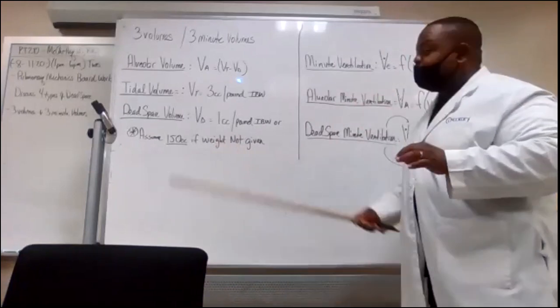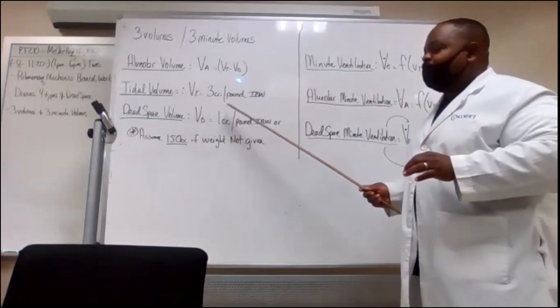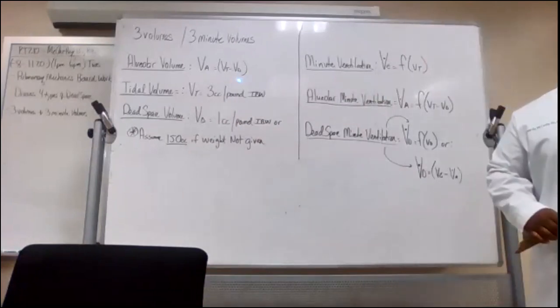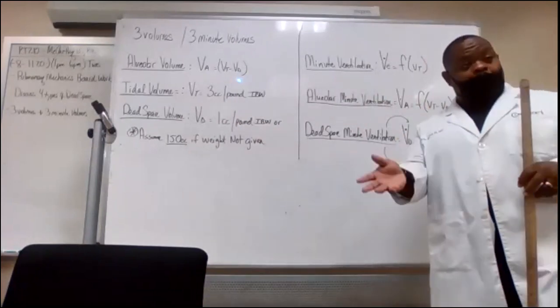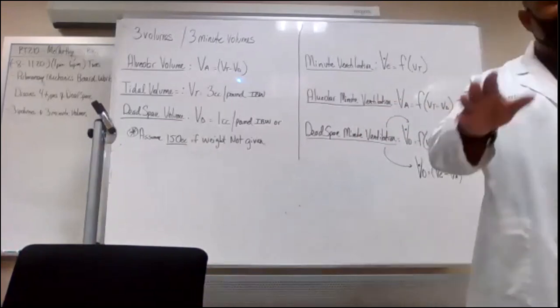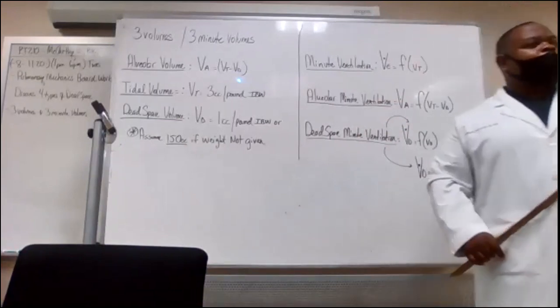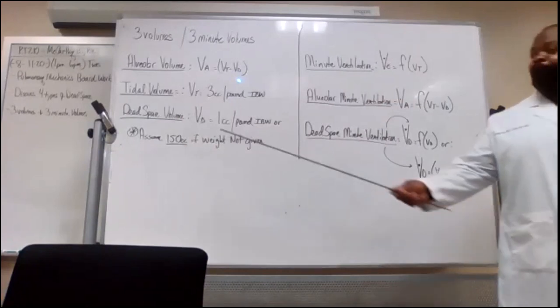Tidal volume is simply 3 cc's per pound of ideal body weight. That will give you that person's tidal volume. So if they don't give you the tidal volume, you'll have to figure it out.